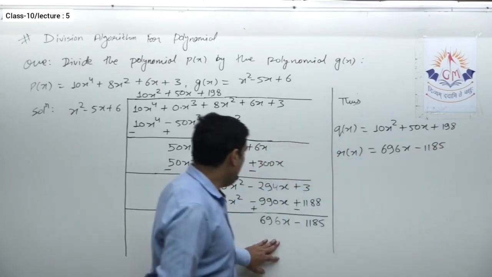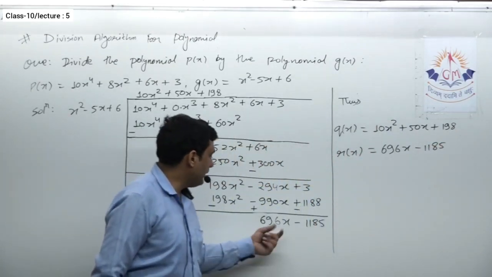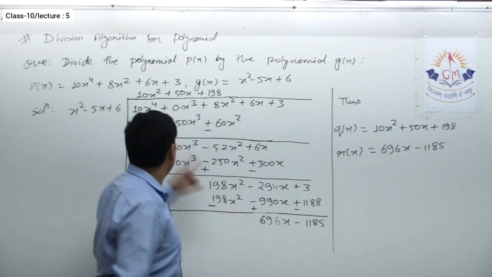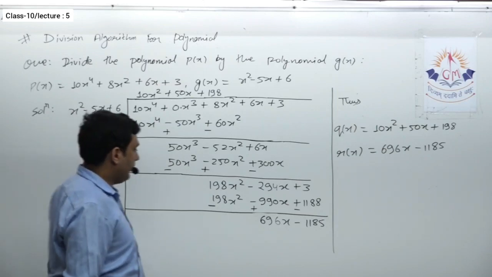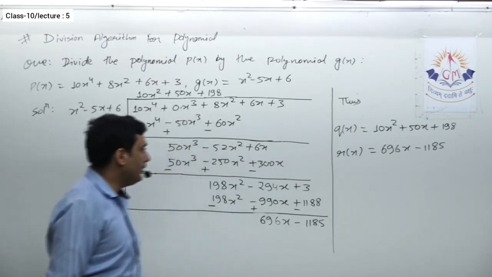Here I stop division because the degree of this remainder polynomial is less than the degree of the divisor polynomial. So now please note it down.